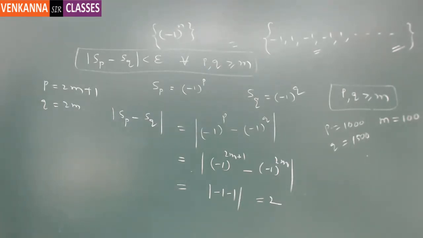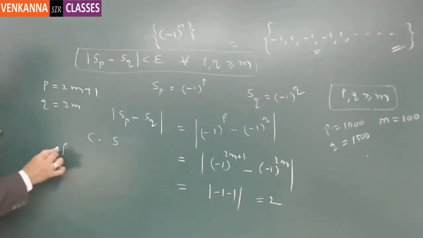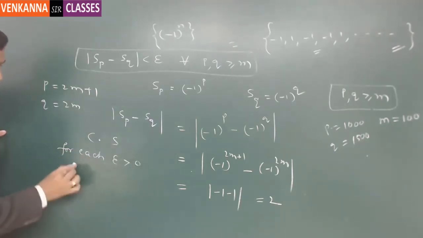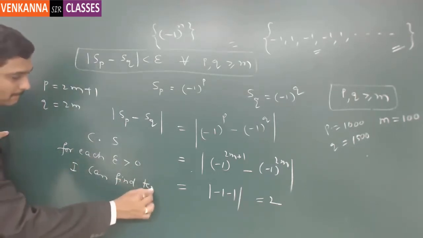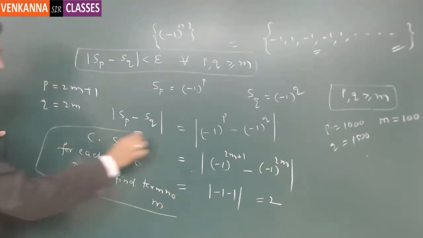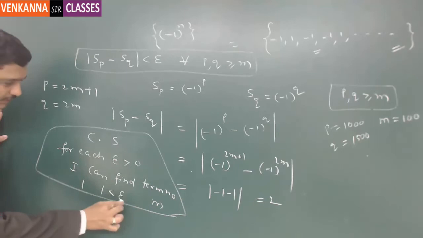Accepted? Now at this point you listen carefully. If I say that it is a Cauchy sequence, for each epsilon greater than 0, I can find a term number such that the difference is less than epsilon.